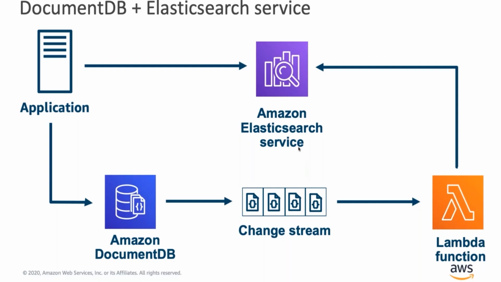Once that data is in Elasticsearch, you can now use the same application to run a full text search query over the data that I was talking about. So for instance, if you're looking at tweets and you want to just know how many people are talking about baseball, you can do that, and Elasticsearch is the right tool for that.